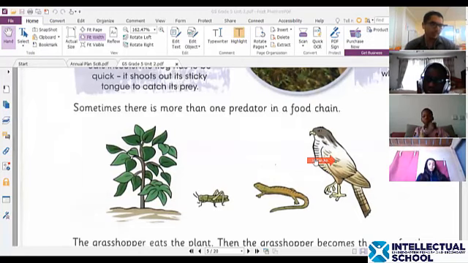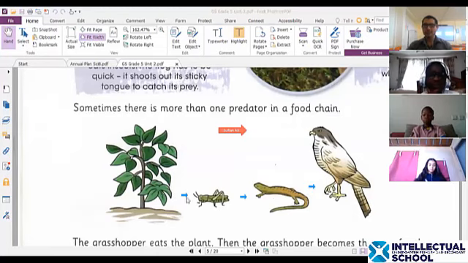So these are different connections. All are connected with one another. If you put different arrows, you will get a food chain. These arrows will show you how they are connected. So plant is eaten by a grasshopper, grasshopper is eaten by a lizard, and the lizard is eaten by the eagle.